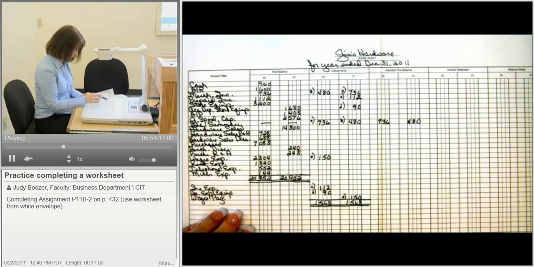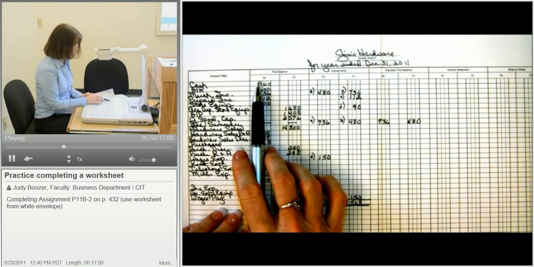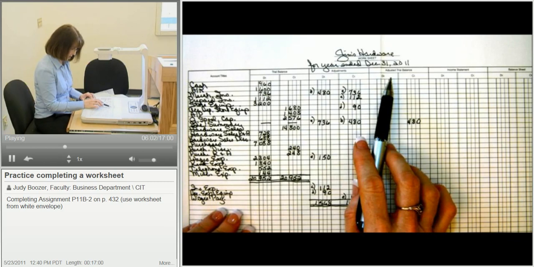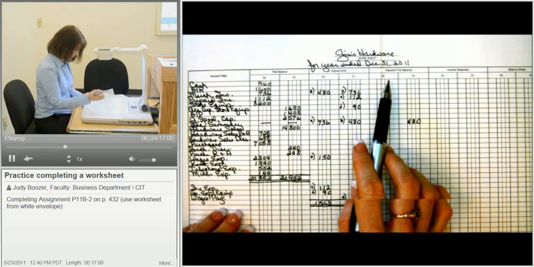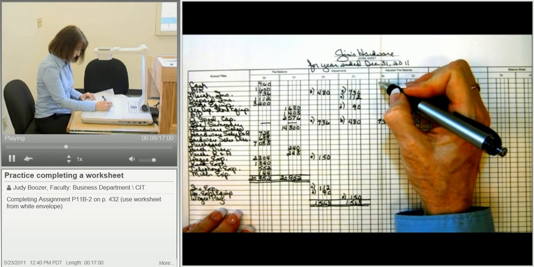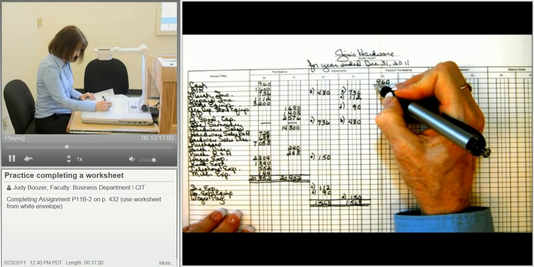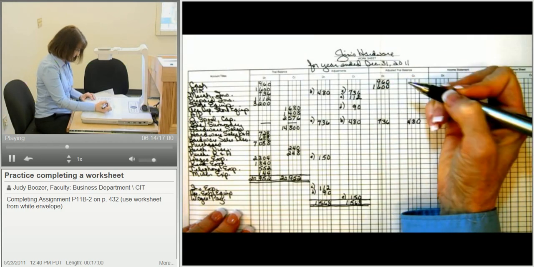Now the rest we're going to look at both the trial balance columns and the adjustments to come up with possibly an adjusted balance. So for cash, what are we going to have? Same as it began with, $960. Accounts receivable, $1,600. Merchandise inventory.